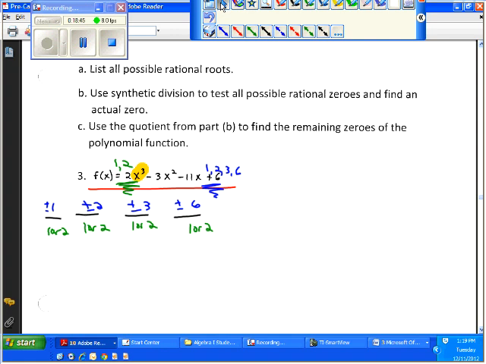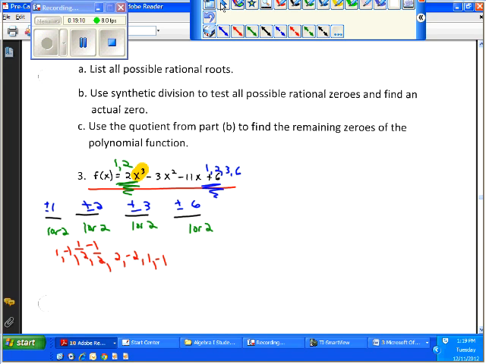Okay? Now, that turns into 1 over 1, which is 1, negative 1 over 1, which is negative 1, 1 over 2, which is a half, negative 1 over 2, negative a half. That's the first set. 2 over 1, which is 2, negative 2 over 1, which is negative 2, 2 over 2, which is 1, negative 2 over 2, which is negative 1.